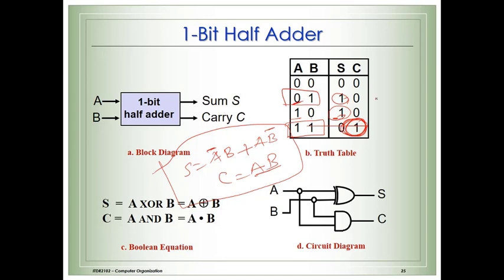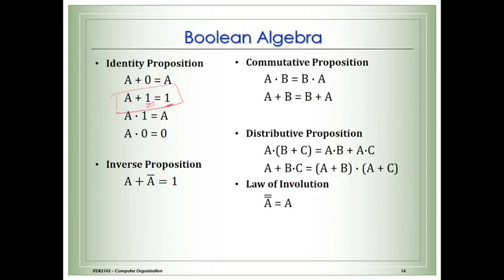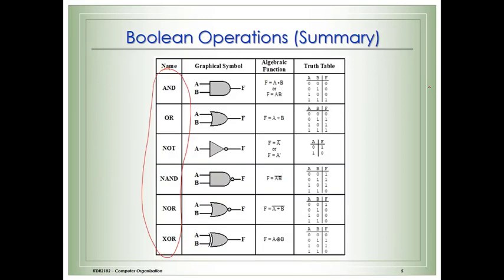Now there is another way of writing this one. If you see this truth table, 0 1 1 0, for these inputs, for which gate do we get 0 1 1 0? This one, right?